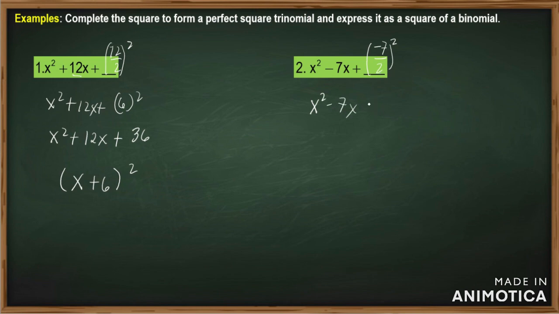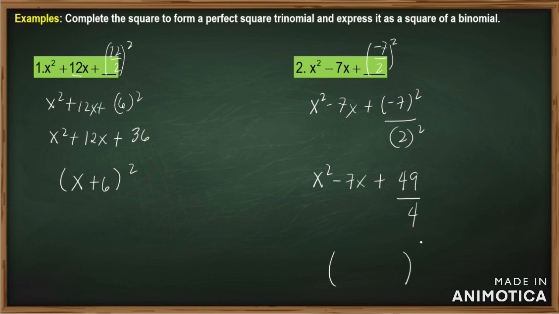So we have negative 7 squared. Then we have 2 squared. We have now x squared minus 7x plus negative 7 squared is equal to 49. That means negative 7 times negative 7. Then we have 2 squared equals 4. Then express it as a square of a binomial.